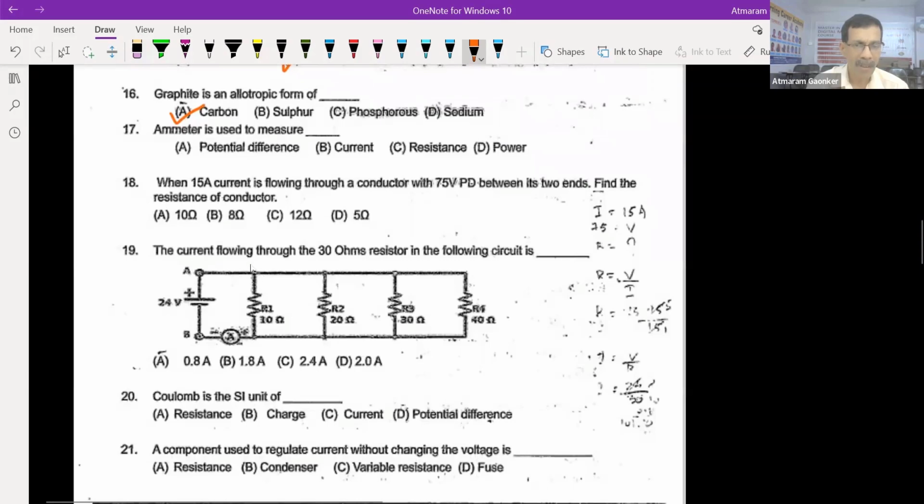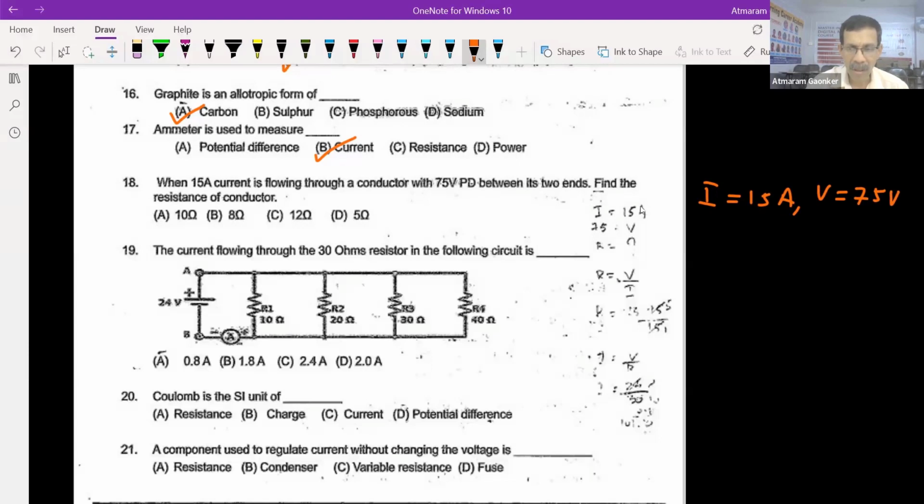Ammeter is used to measure. This is an easy question. That is current. Now here a little calculation is required. When 15 ampere current is flowing through a conductor, here I is given as equal to 15 ampere and the potential difference V is equal to 75 volts.